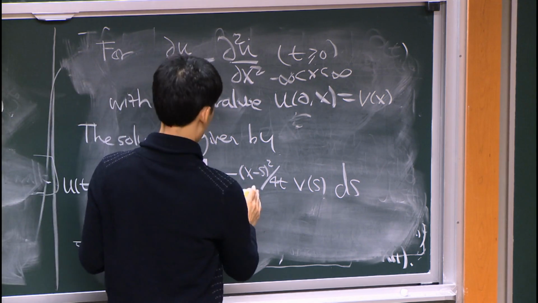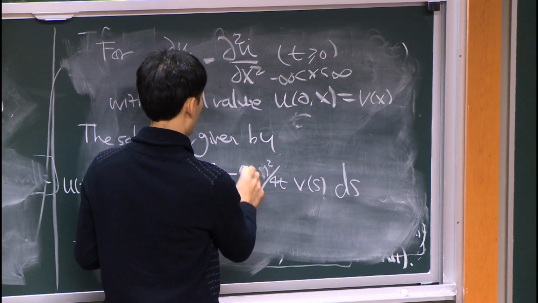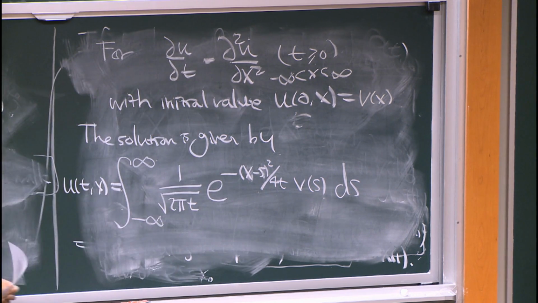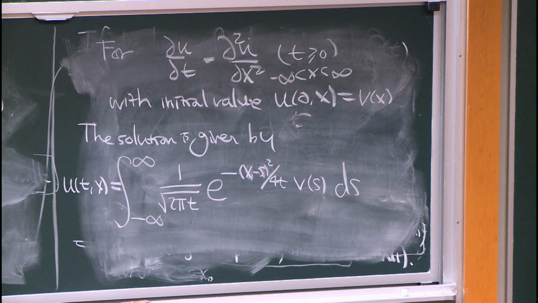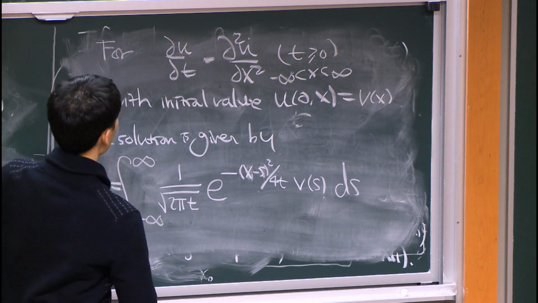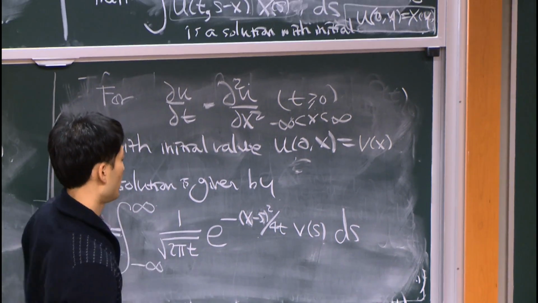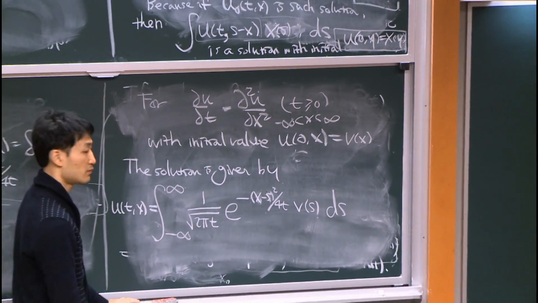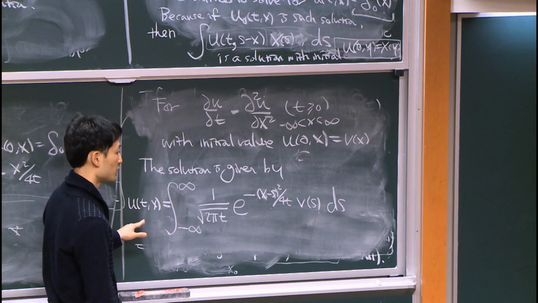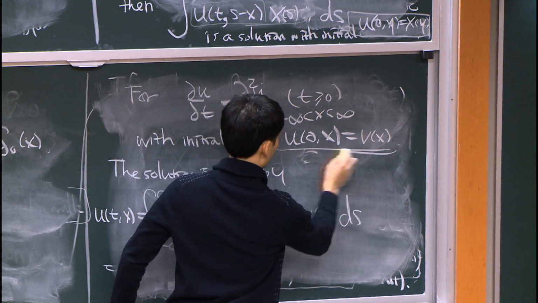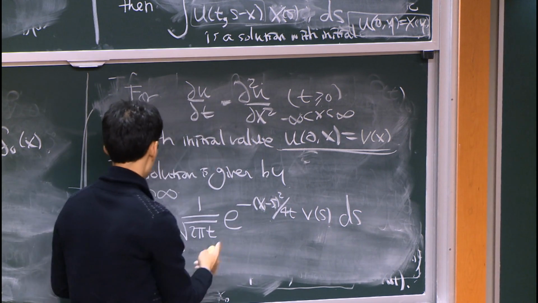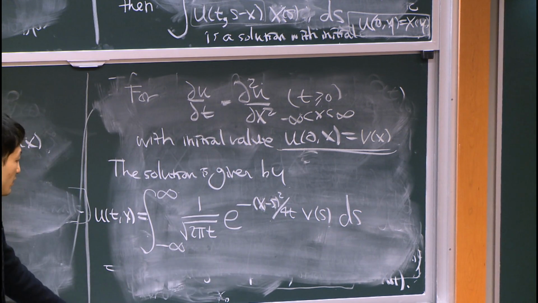Basically, I'm just combining this solution to there. Plug it in here, and you get that. So you have an explicit solution. No matter what the initial conditions are, you can find an explicit solution at time t for all x.